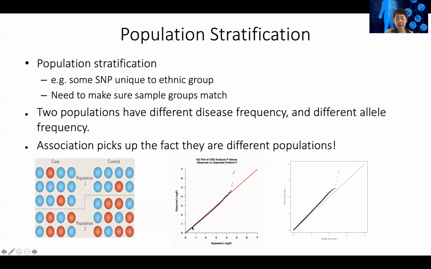If you don't have population stratification, you would say that, okay, most of these SNPs are not significant. Then suddenly we have some SNPs that are significant, and these are real. Whereas in other cases, if you see a very early divergence from your expected, like this, it is an indication that your case control populations have this population stratification.